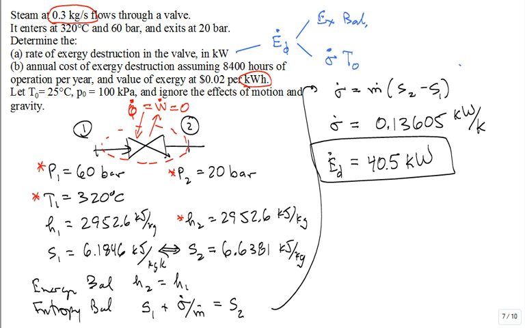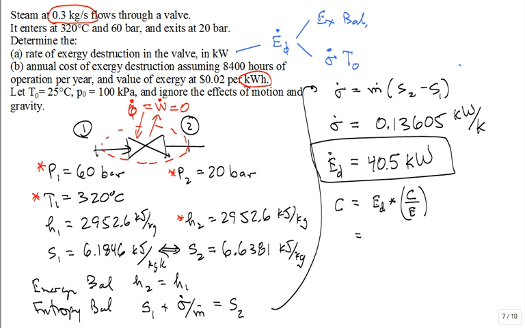So we want to calculate what does it cost per year, okay? So it's the annual cost. Well, what I have to do is get how much is destroyed per year. Then I multiply it by the cost of the exergy that's being destroyed, okay?